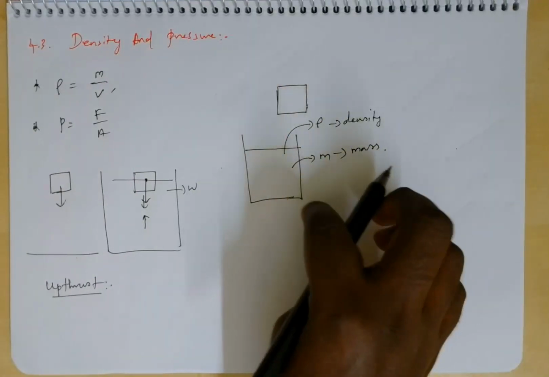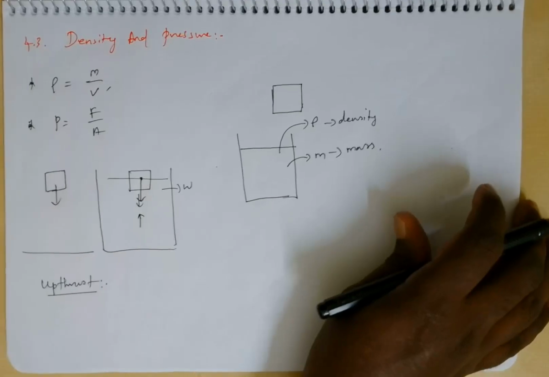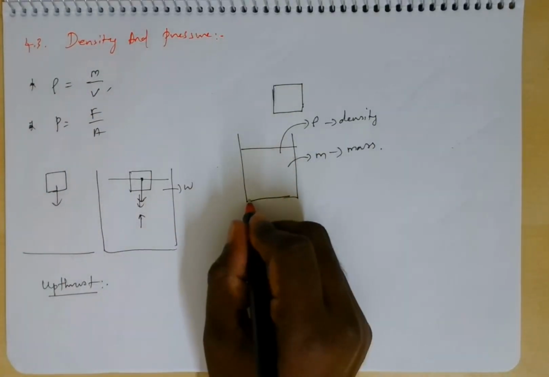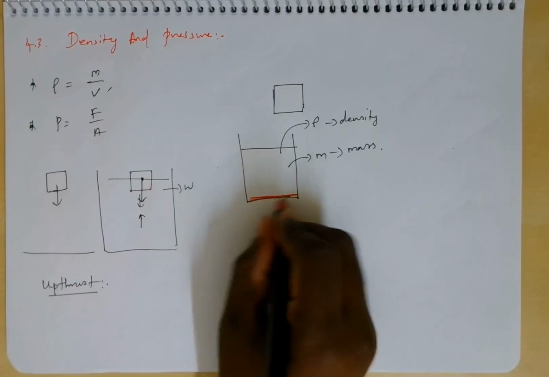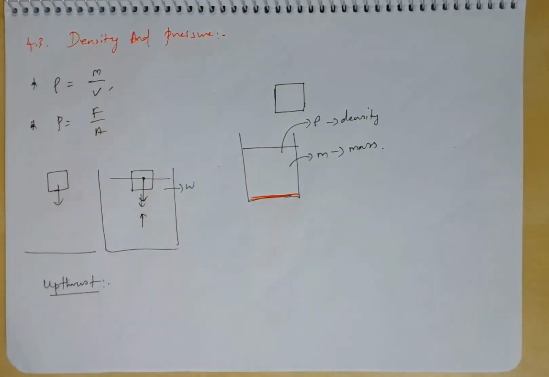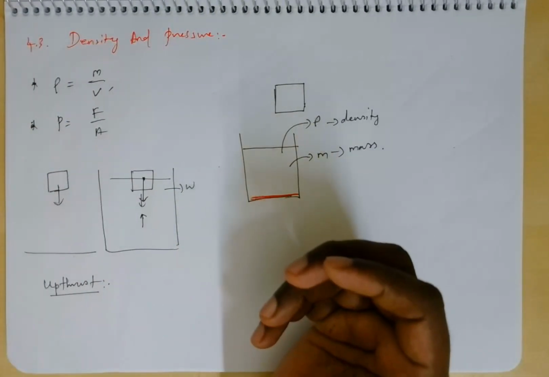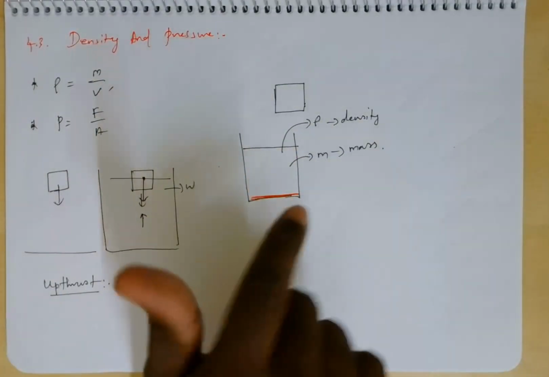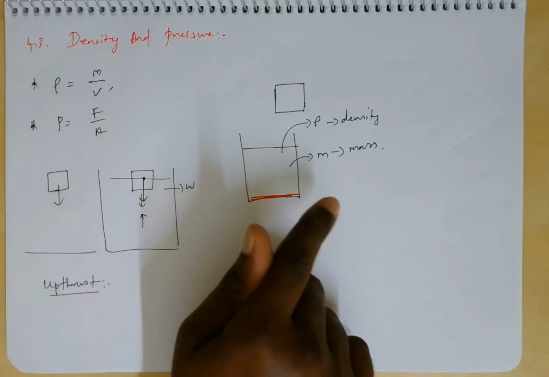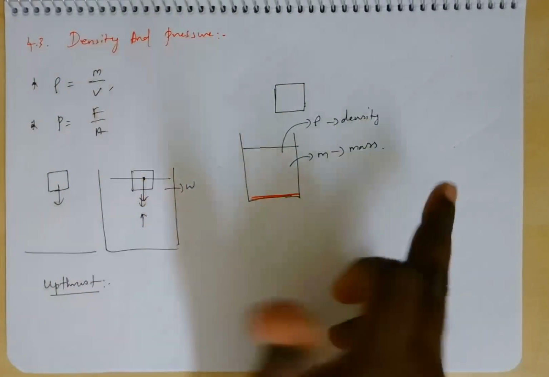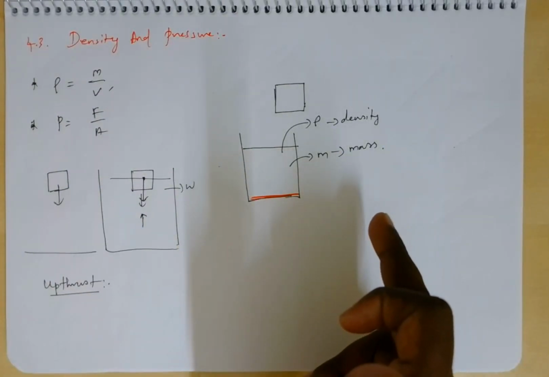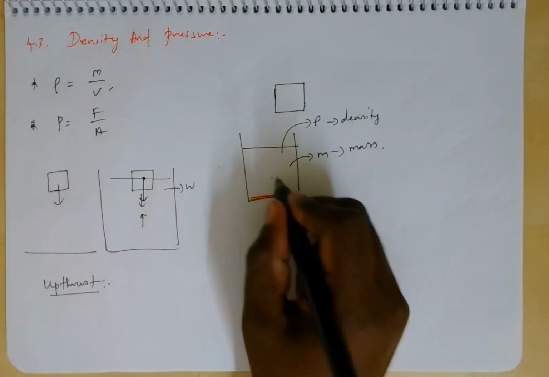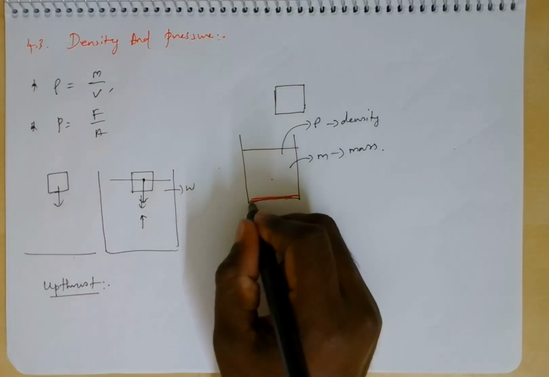Now we are filling liquid in the tub. This liquid will exert a pressure at the bottom. Why does it exert pressure? It has mass, and as a consequence, it will have force. Which force? Weight. So the entire weight of the liquid acts on all the points here.